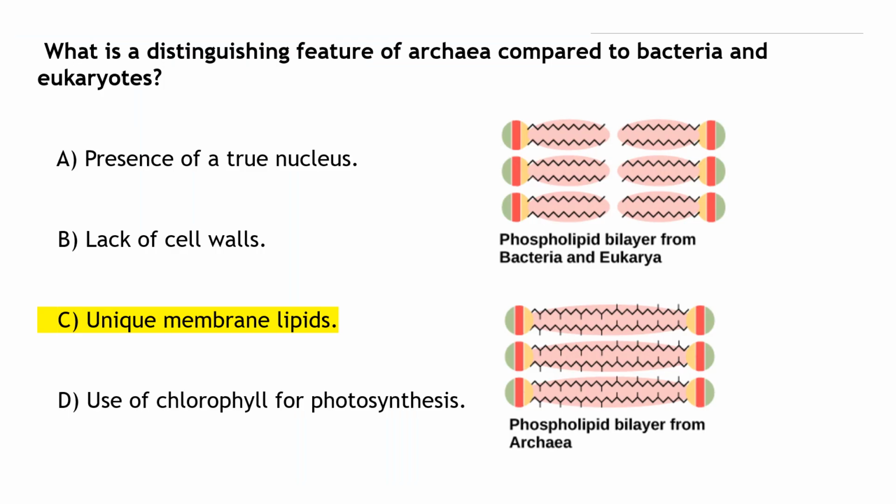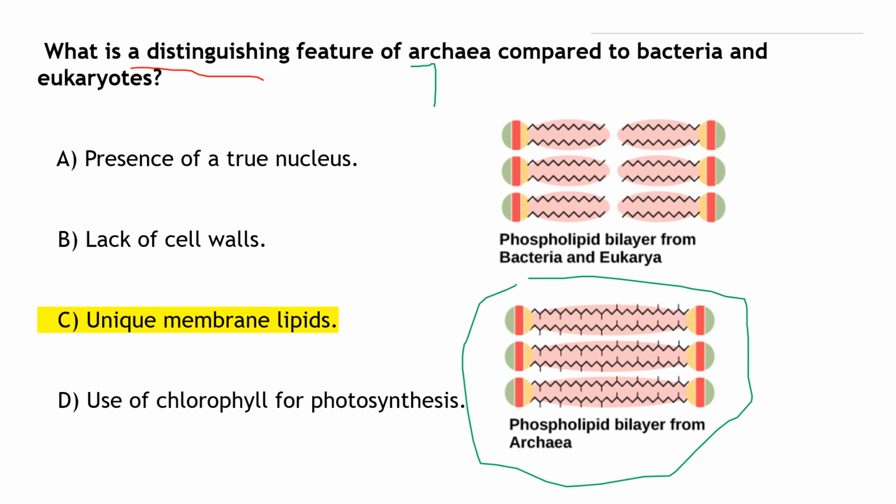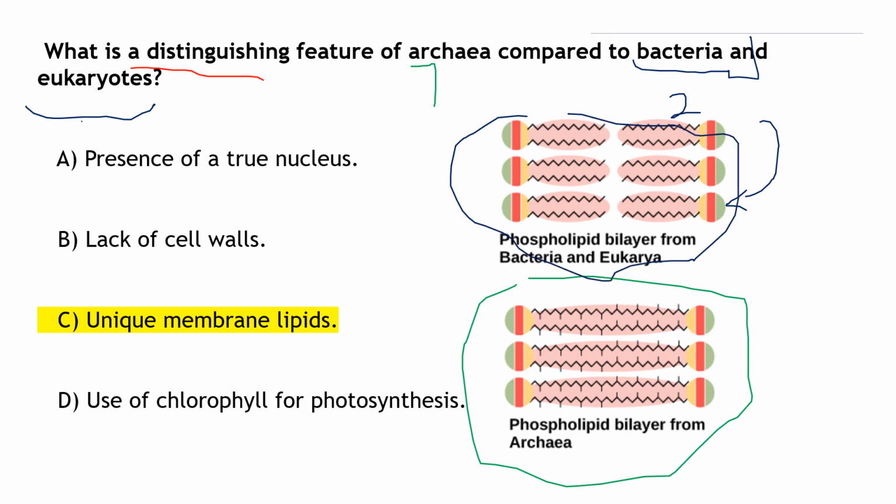So as a result, when we read this question about the distinguishing feature between group number one, which was Archaea, and group number two, which was bacteria and eukaryotes, let me circle it here.